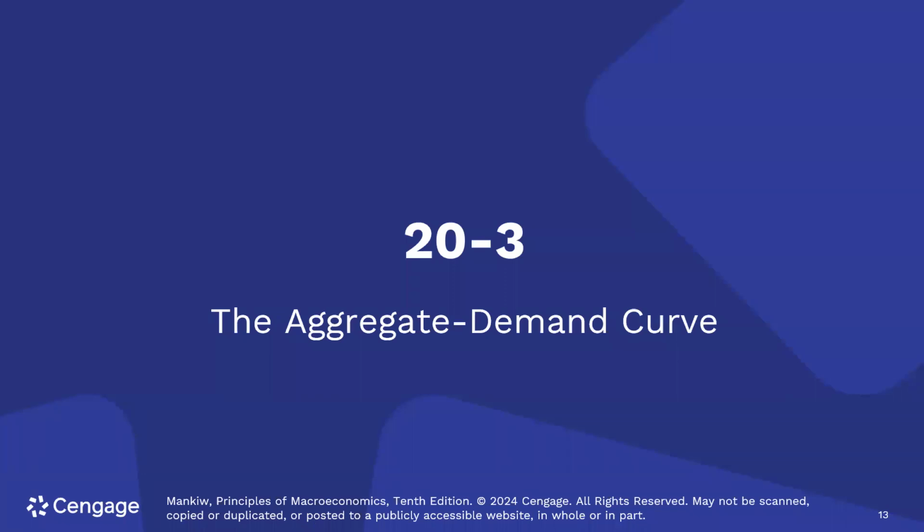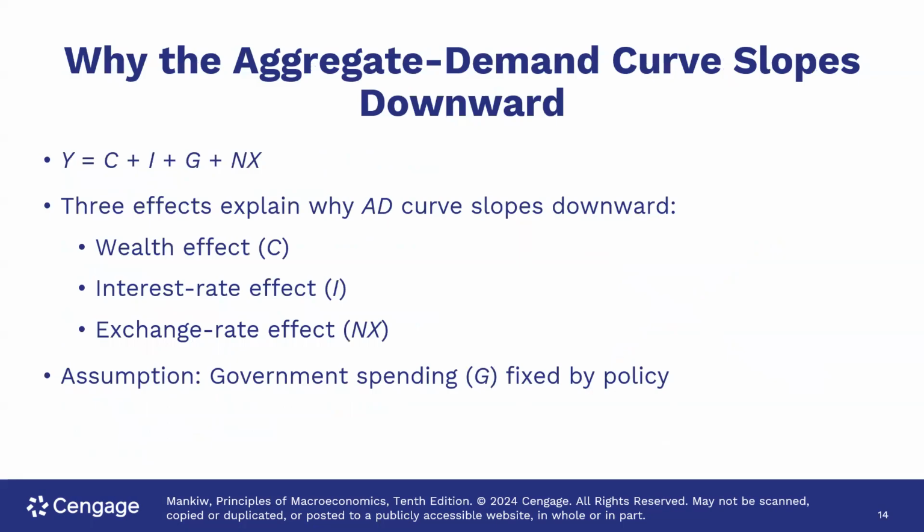Okay, so now we get to some details about the aggregate demand. From the demand side, who actually demands all those goods and services? We can think about the expenditure method for the accounting of the production.